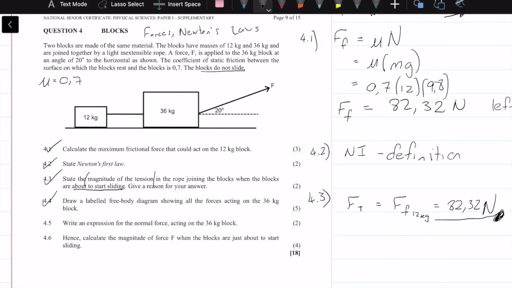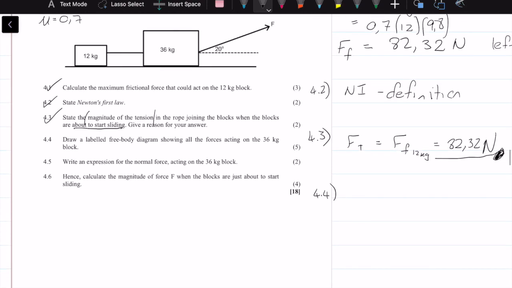4.4 says draw a labeled free body diagram showing all the forces acting on the 36 kilogram block. So we start off with our 36 kilograms, and it's definitely got a weight.